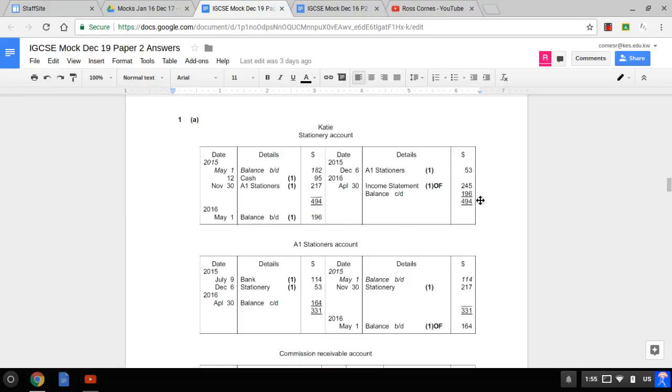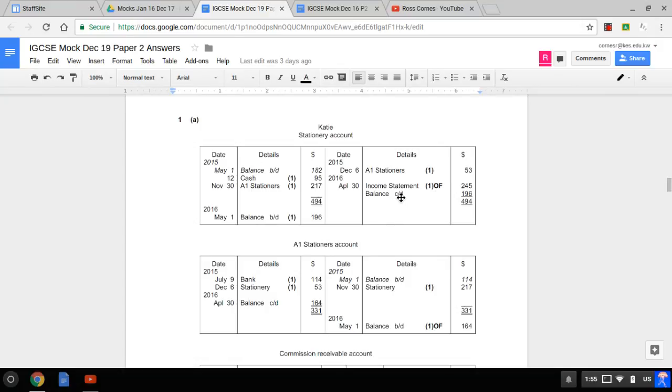So it goes on the credit side above because we need to reduce our total expense, and it appears on the debit side as a balance brought forward because it's an asset at the start of the next period. And then the difference between the debit and the credit side is the amount that goes to the income statement. So we worked out the income statement figure last.